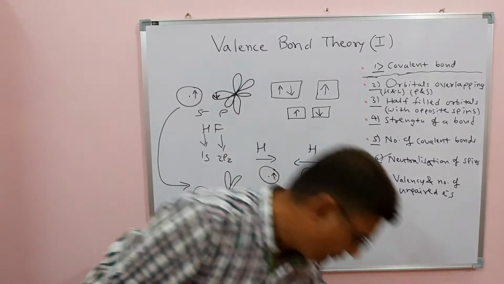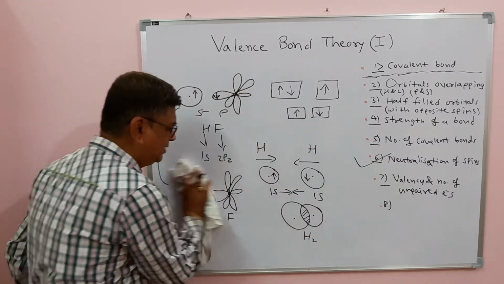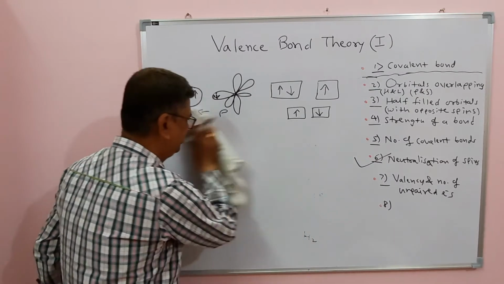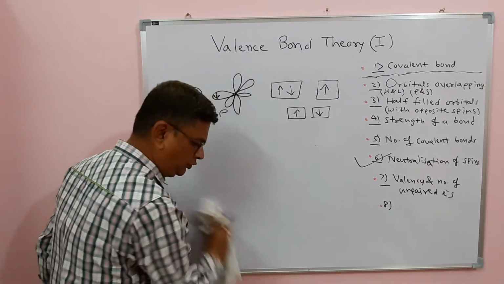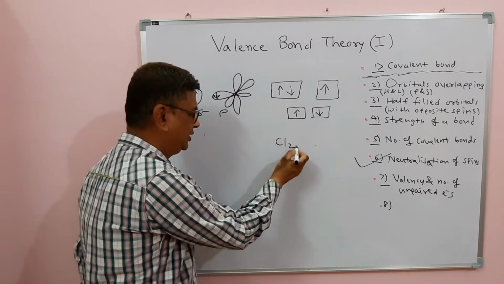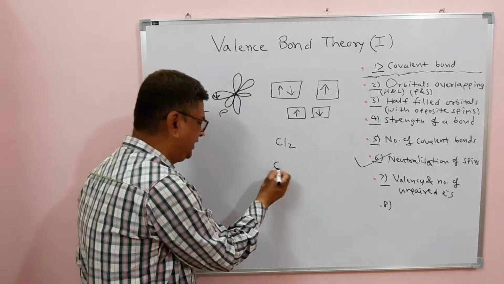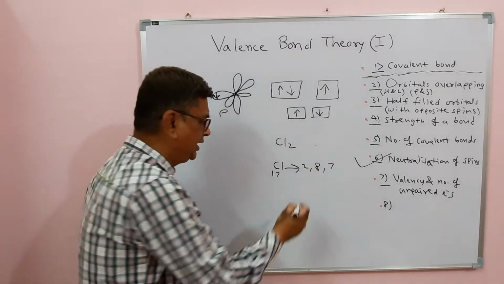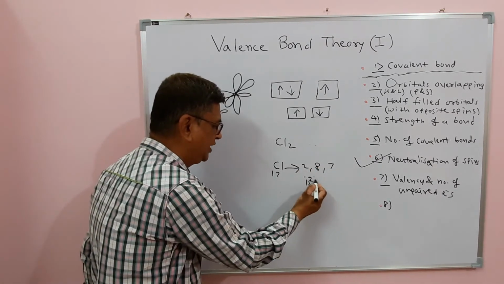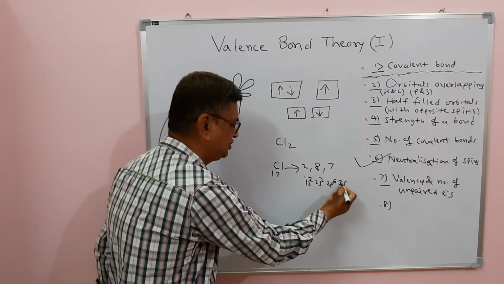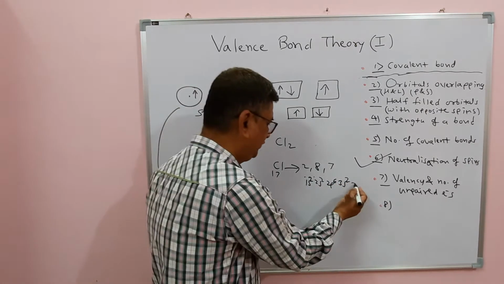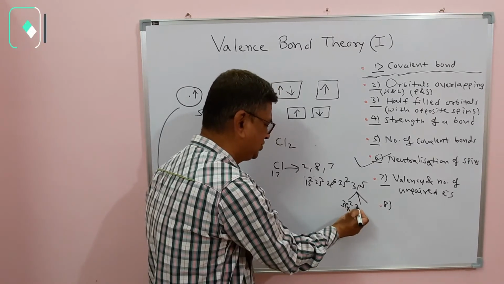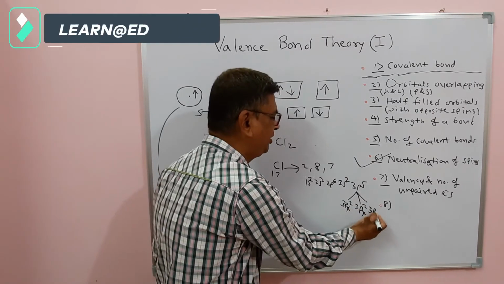Consider another example, how a halogen molecule is formed. If you want to know how the chlorine molecule, Cl2, is formed: chlorine has atomic number 17, its shell-wise configuration is 2, 8, 7, and the detailed configuration is 1s2, 2s2, 2p6, 3s2, then 3p5, and further this 3p5 is 3px2, 3py2 and 3pz1.